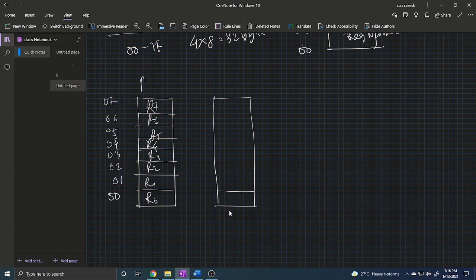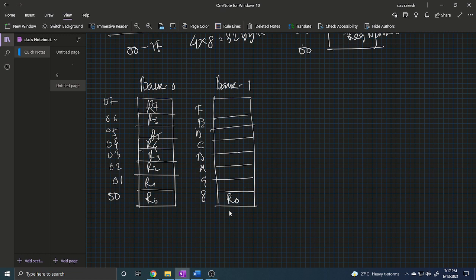This is the bank 0 allocation. And for bank 1, this is for 8, 9, A, B, C, D, E and F, and this is another location for R0 to R7.